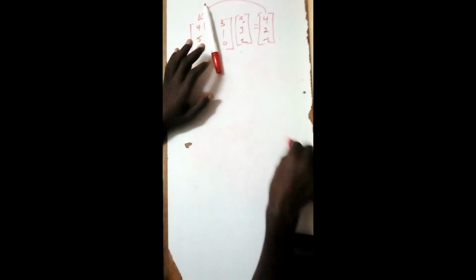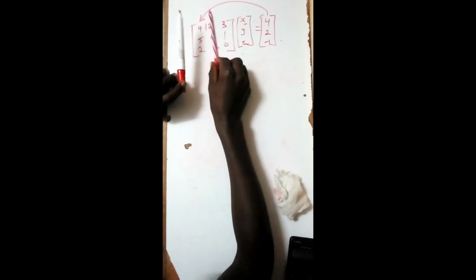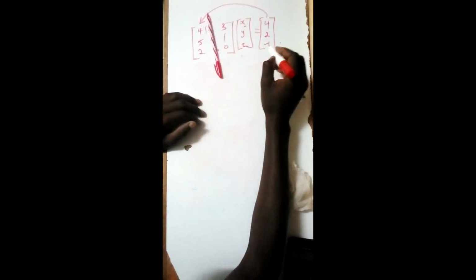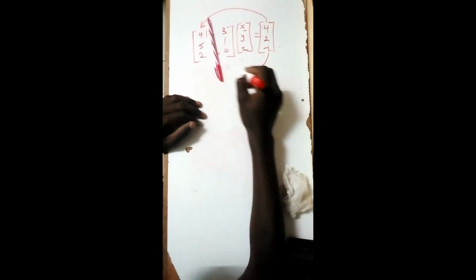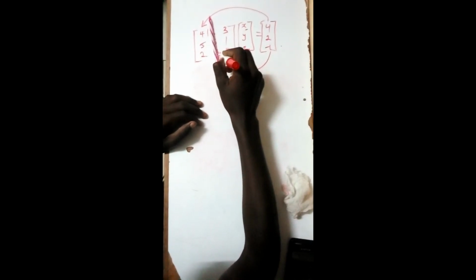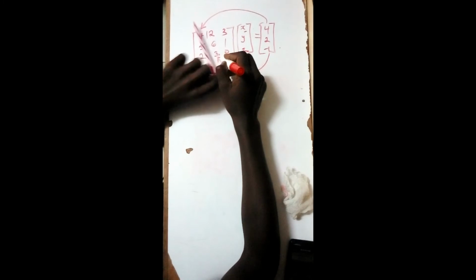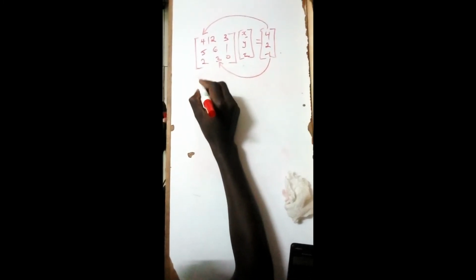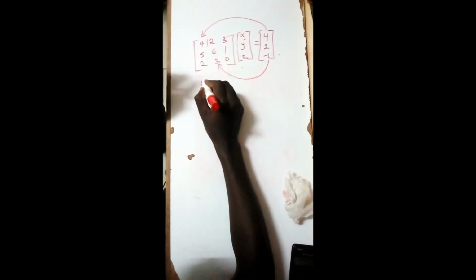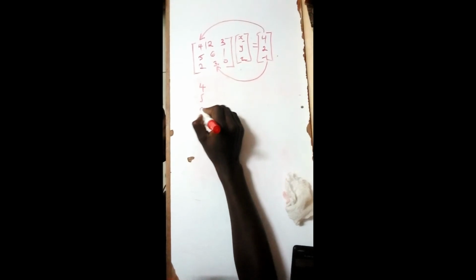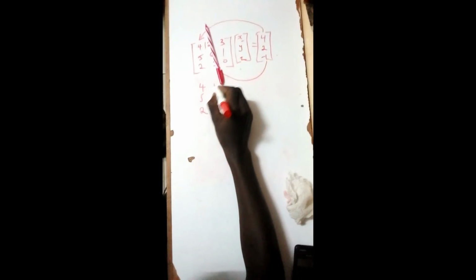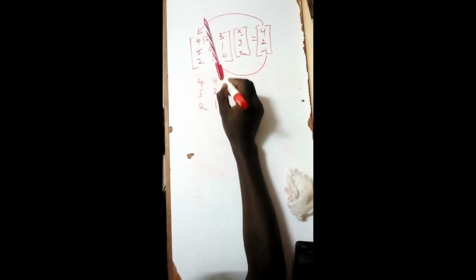After we close this second column, we are going now to bring this final answer to that point. So that is to mean it is going to be 4, 5, 2. Then we are going to close this one and bring this one here, which is 4, 2, 1, then 3, 1, 0.